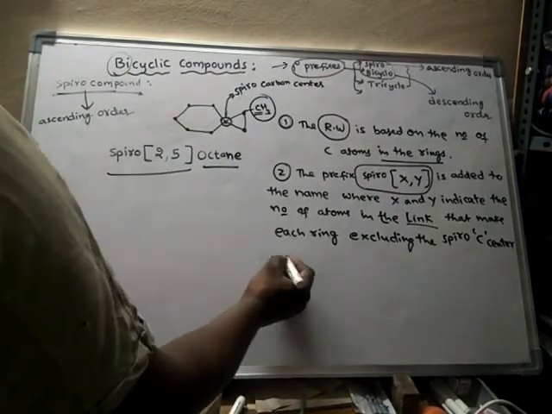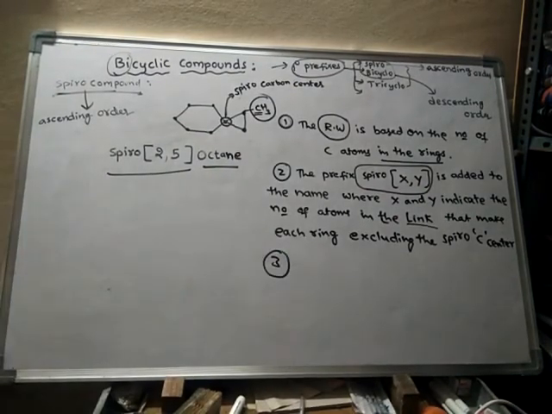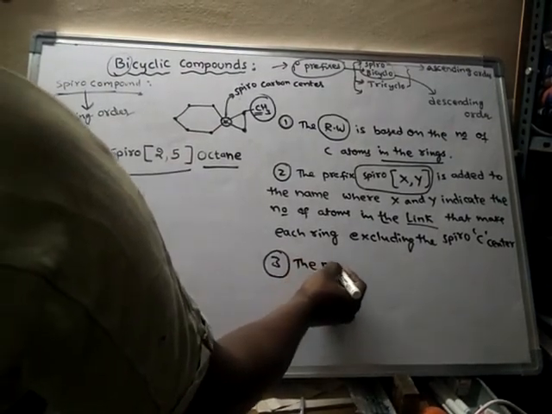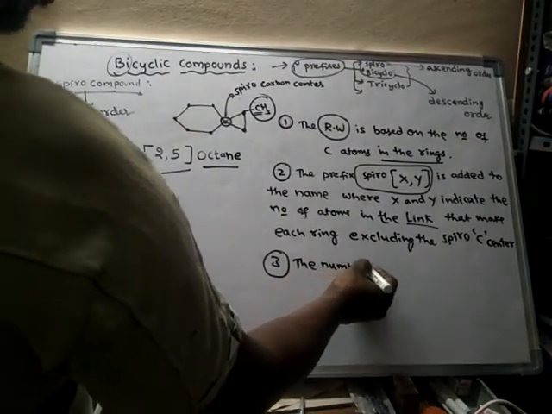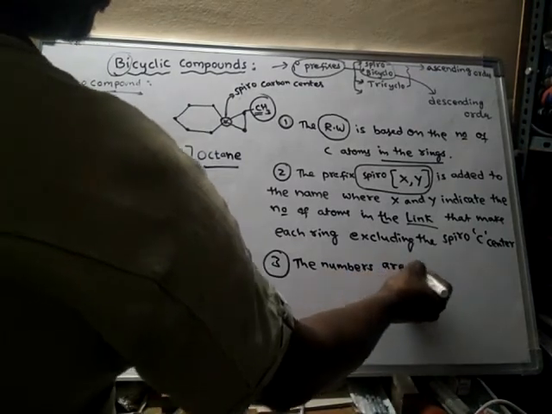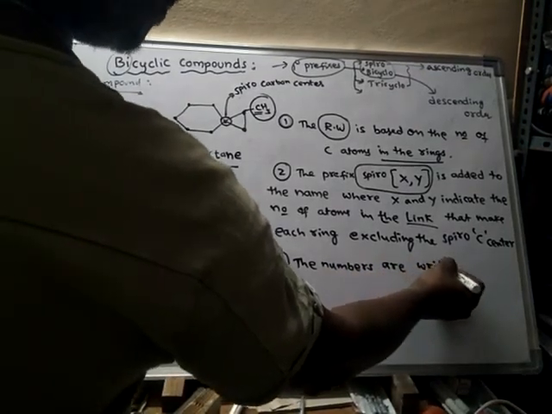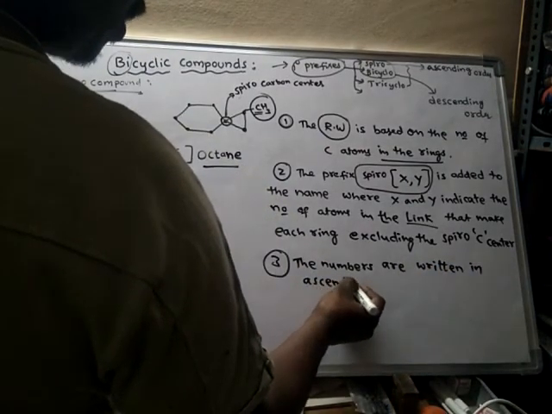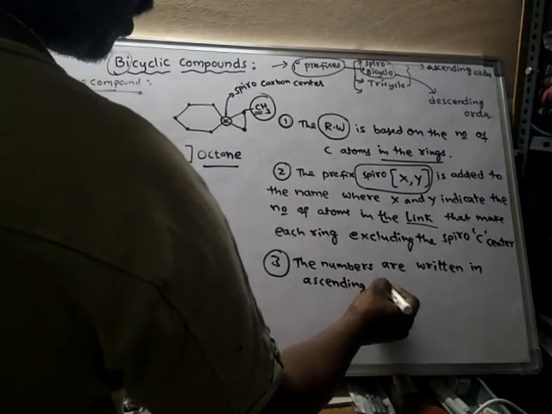What is the next rule? The numbers are written in ascending order.